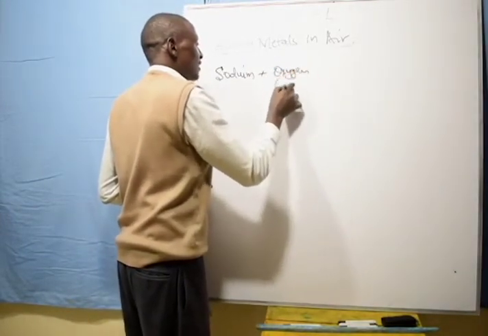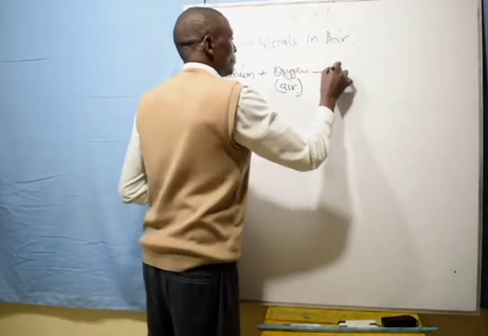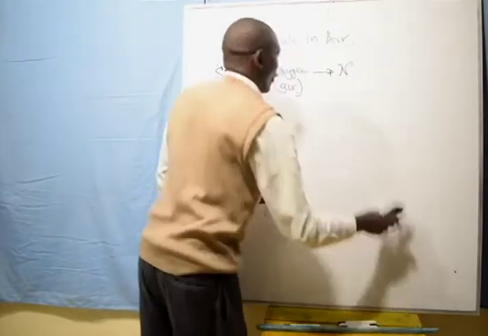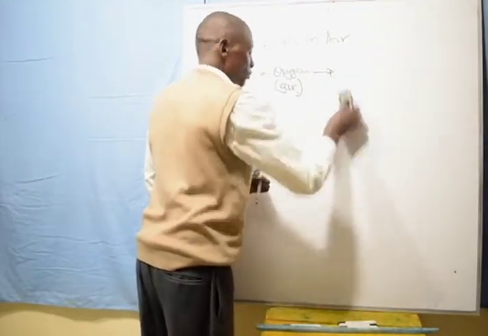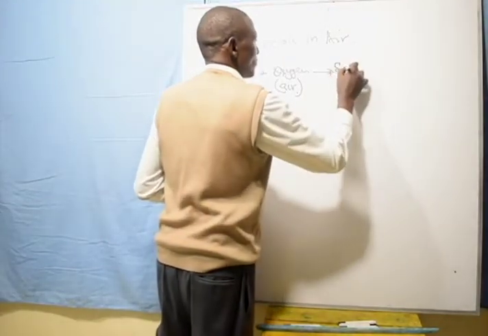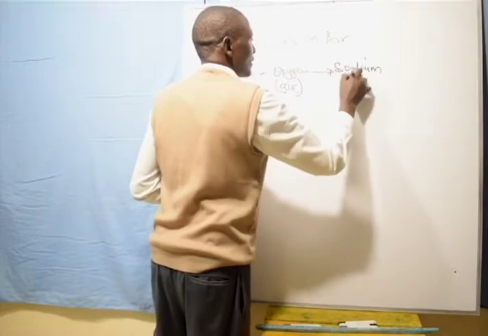This oxygen is from air. You form sodium oxide. You are not supposed to use symbols at Form 1, therefore I have to write the name sodium oxide.